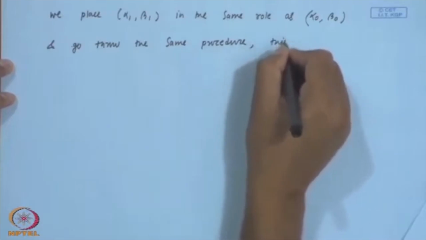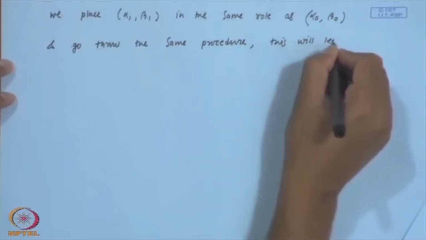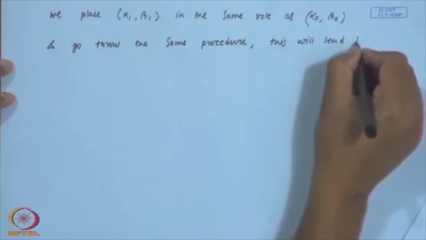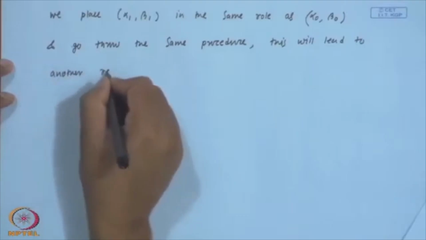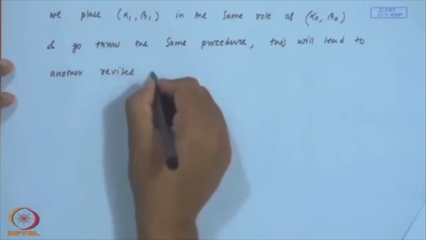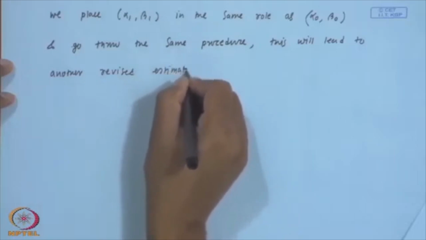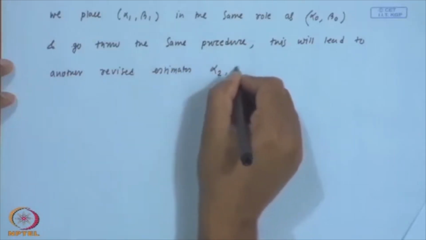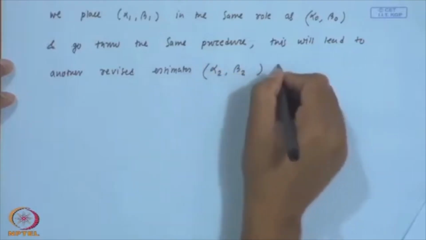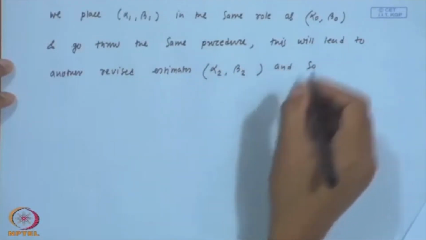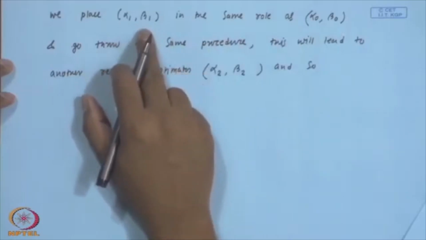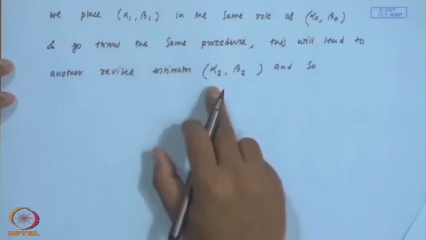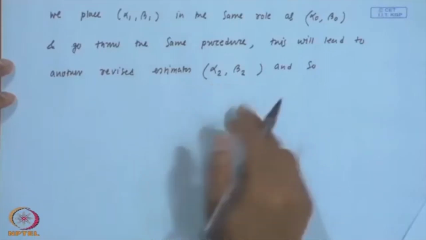So, this will lead to another revised estimate, say alpha 2 beta 2, and so on. We started with alpha naught beta naught, now we have alpha 1 beta 1, and in the next iteration we will have alpha 2 beta 2.